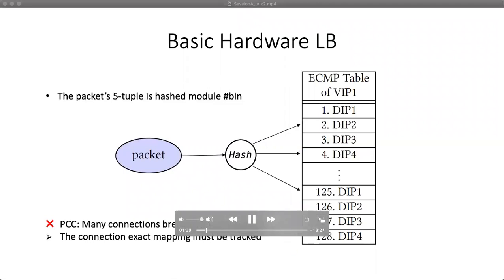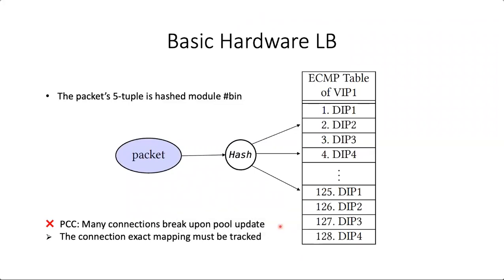This solution works well in case the ECMP does not change and stays constant all the time. But since the ECMP would constantly change in today's load balancers, this simple solution wouldn't work, and the exact mappings of connections must be tracked.